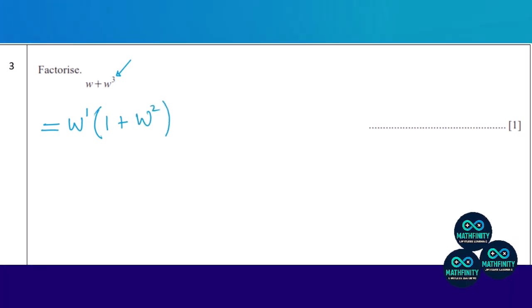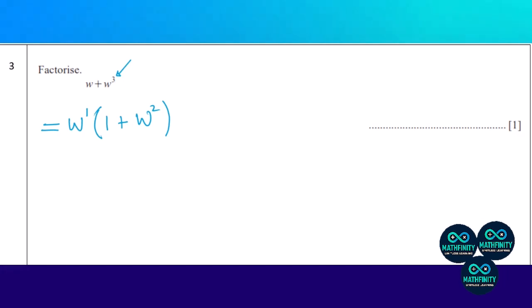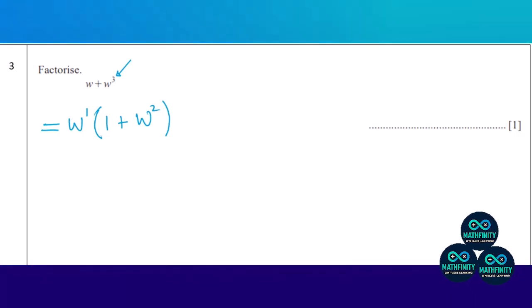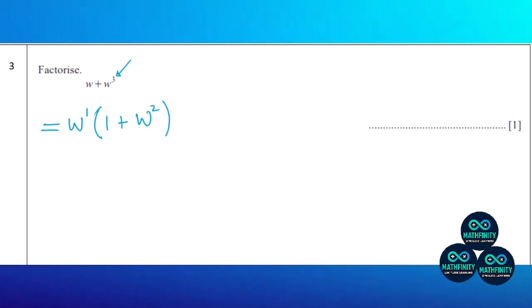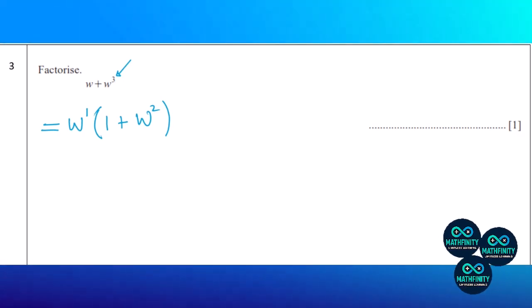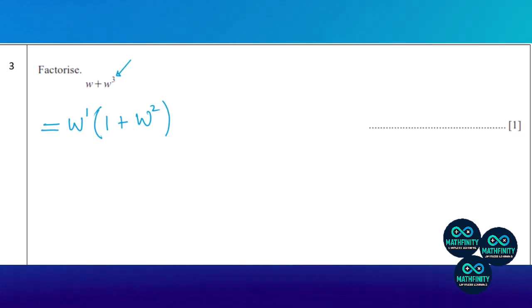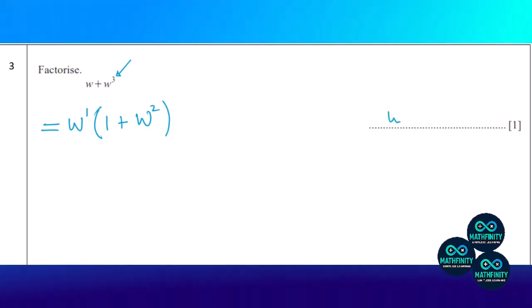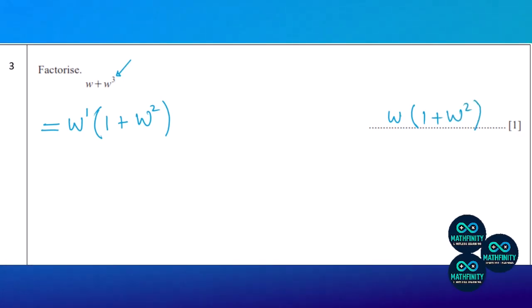And you can check by the reverse process, by the expansion method. As I told you, expansion and factorize are the reverse process of each other. So when you open the bracket, you will get the same as w plus w cubed. This answer you have to write here: w(1 plus w squared).